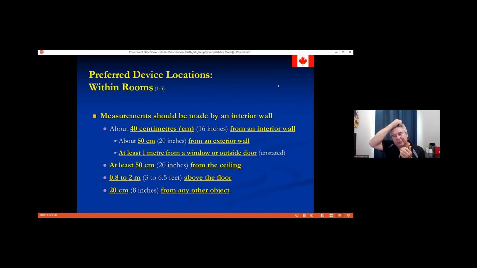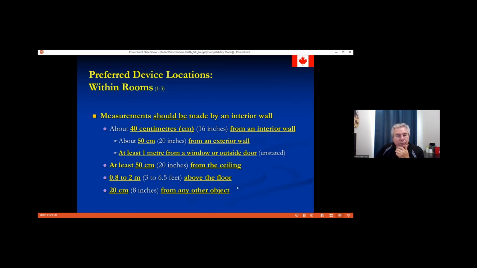Where do we place our devices? They recommend placing it 40 centimeters or 16 inches from an interior wall, 50 centimeters or 20 inches from an exterior wall, at least 1 meter from a window or outside door, at least 50 centimeters or 20 inches from the ceiling, 0.8 to 4 meters or 3 to 6.5 feet above the floor, and 20 centimeters, 8 inches from any other object.